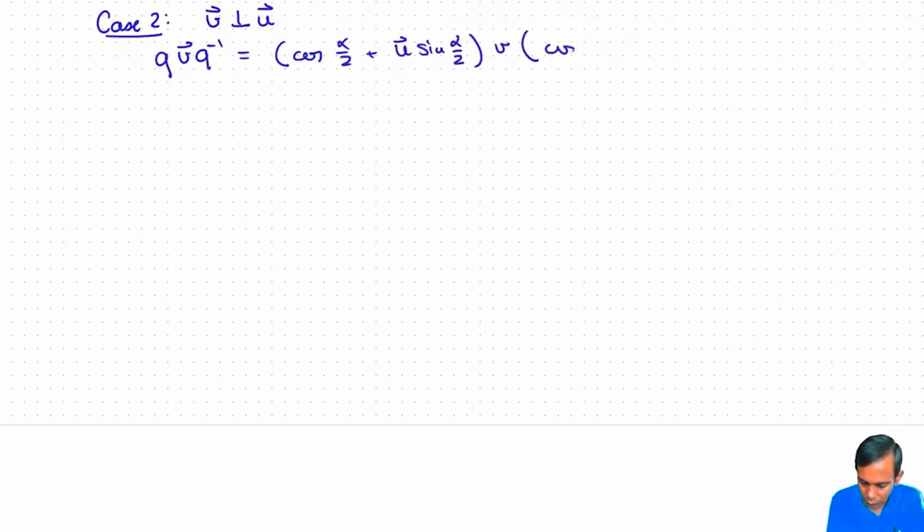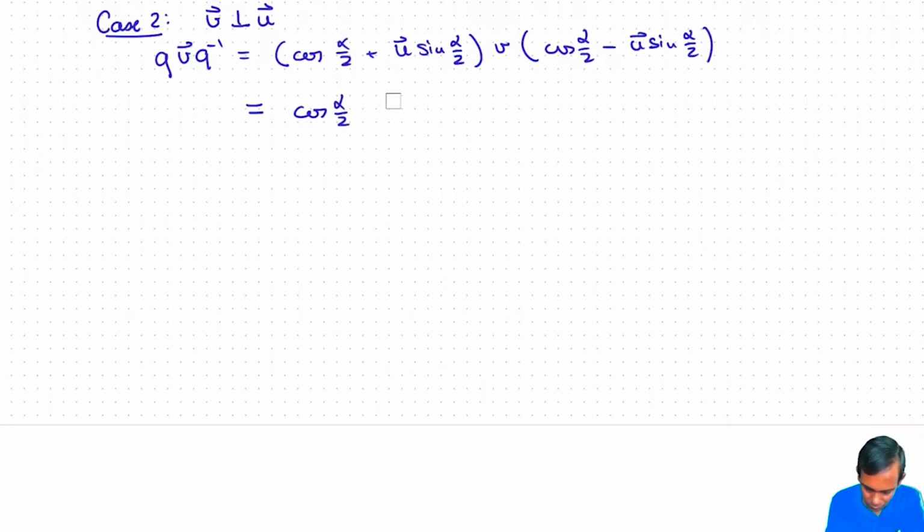So now we have QV, Q inverse. Well, this is cos alpha by 2 plus u sine alpha by 2, times v, times cos alpha by 2 minus u sine alpha by 2.